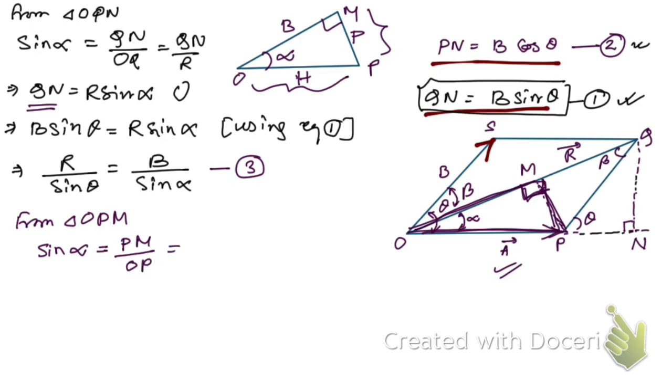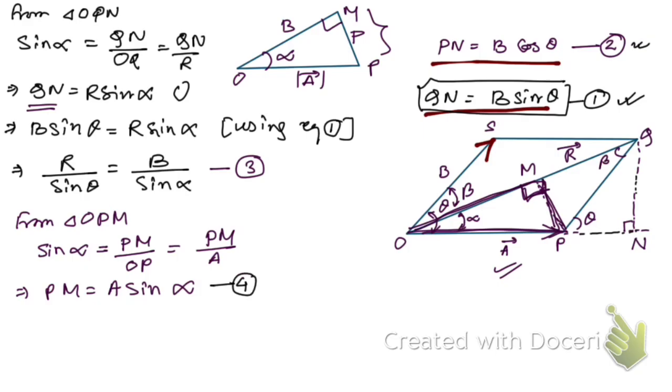OP represents vector A, so its length is the magnitude of vector A. So sin alpha equals PM by A, which implies that PM is equal to A sin alpha. This is equation number 4.